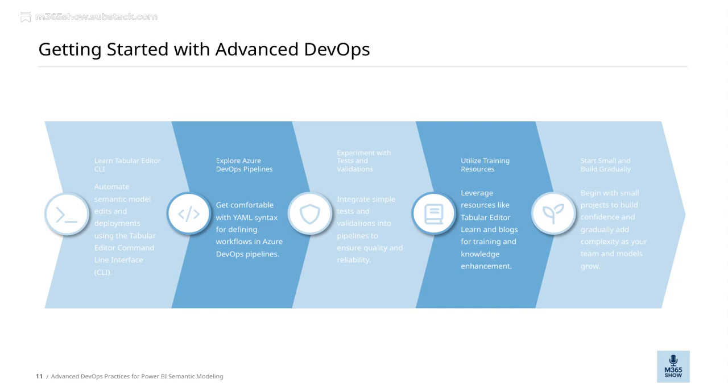This skill is essential for automating your processes effectively. Finally, consider automating semantic model edits and deployments with the Tabular Editor command line interface. This automation can significantly streamline your workflow, reducing manual effort and minimizing errors. By following these steps, you'll set a strong foundation for implementing advanced DevOps practices in your Power BI projects, making your development process more efficient and reliable.